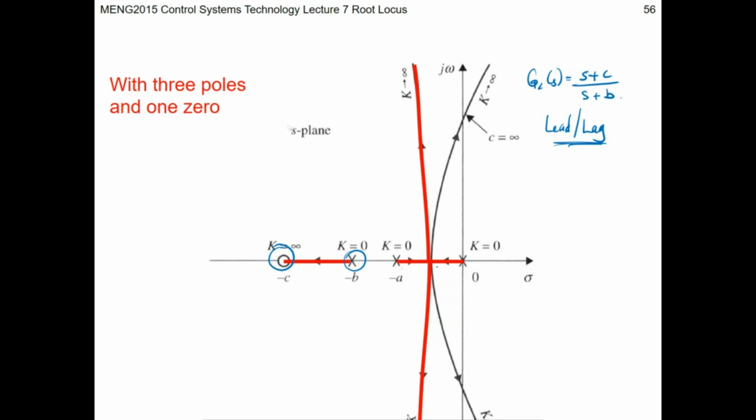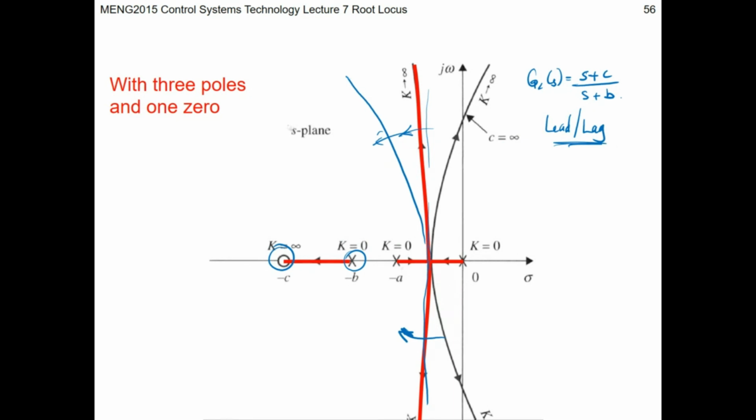What does this do? Well, it kind of pulls. Remember, this is originally vertical, and now it's pulled this locus in this direction. And again, by adjusting B and C, you can get more movement on this. Right, you can get this locus to kind of come around a bit more.